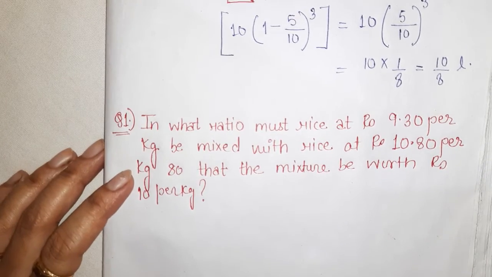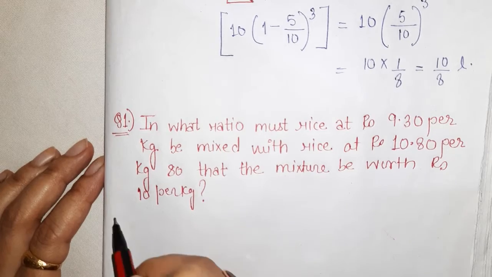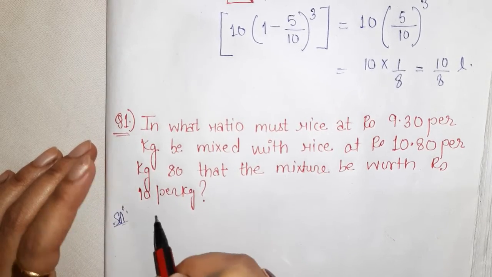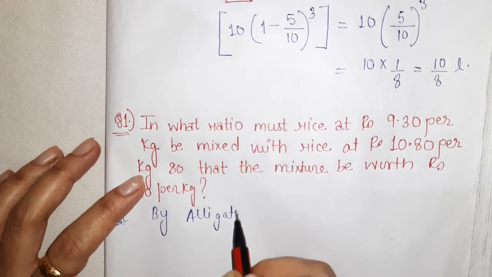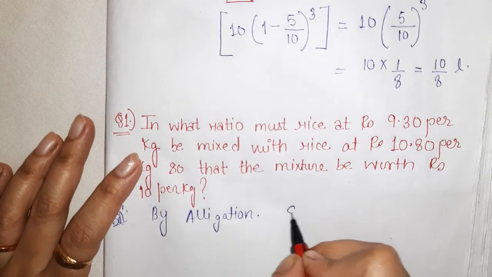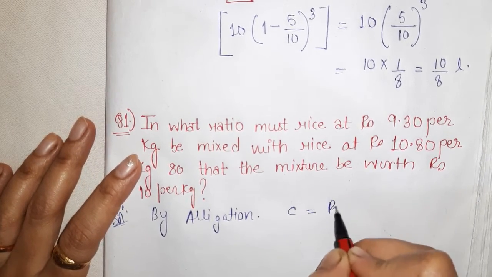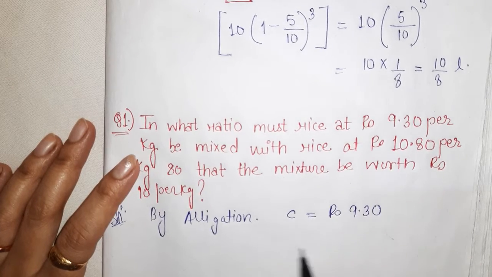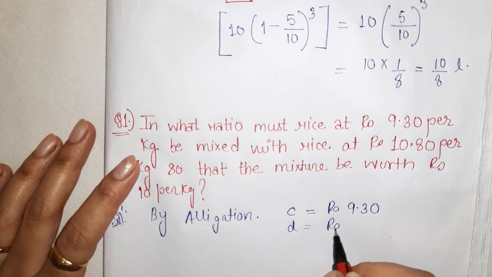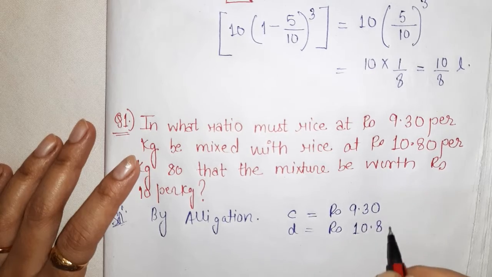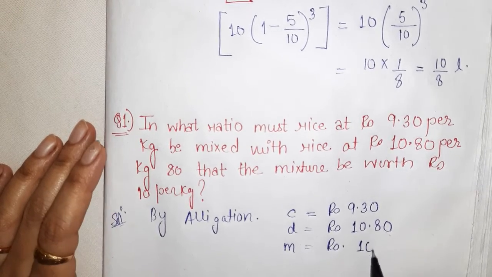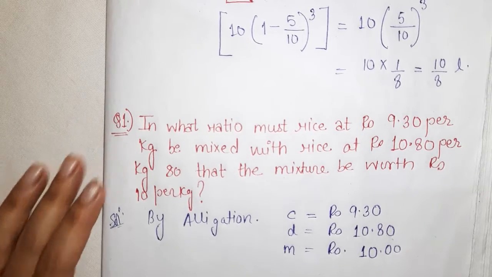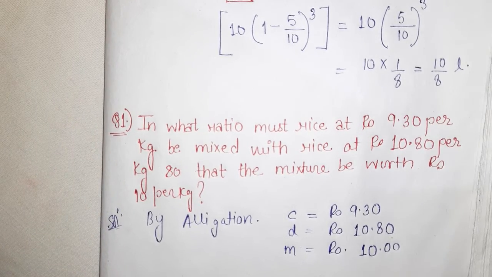Okay, so here we use the alligation. So by alligation, here our cheaper one, our C, is rupees 9.30, D is rupees 10.80, and our M is rupees 10, right?